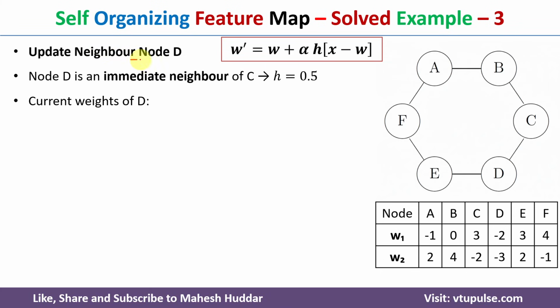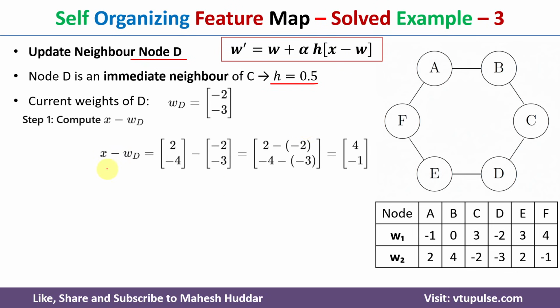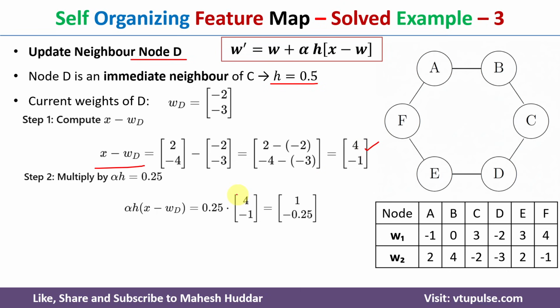Next, I will consider the next node, D. For this one also, we need to consider H is equal to 0.5. After that, we need to find X minus WD. So, X minus WD is 4 and -1. Next, we need to find alpha into H. Alpha into H is 0.25. We need to multiply these values.